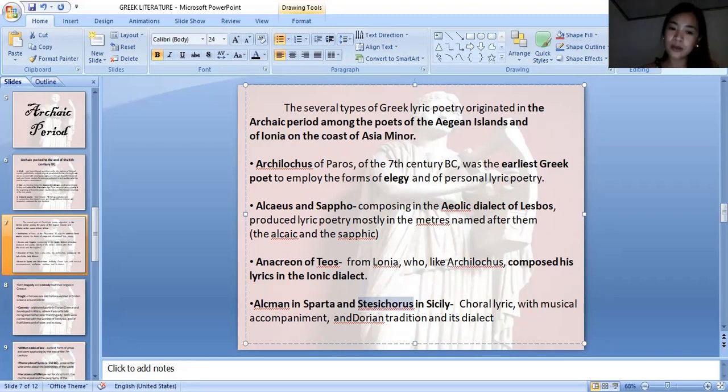Still loading. Stesichorus. Okay, so it's Stesichorus. All right. Stesichorus. Tatandaan nyo yung mga mahalagang tao sa archaic period.